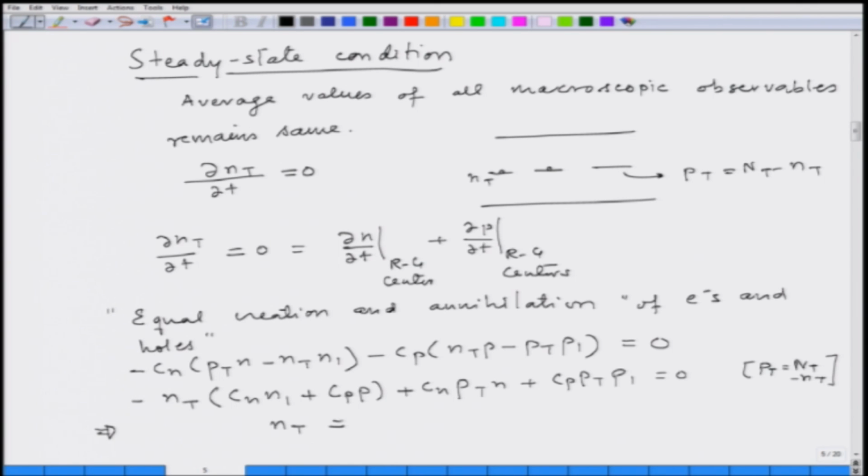The number of trap states which are occupied with electrons is going to be equal to C_n n N_t plus C_p p_t1 divided by the capture coefficient times n_1 plus n, plus the capture coefficient times the hole concentration.